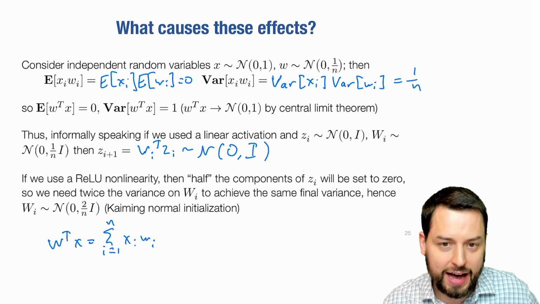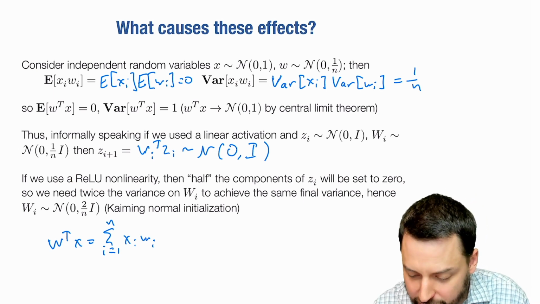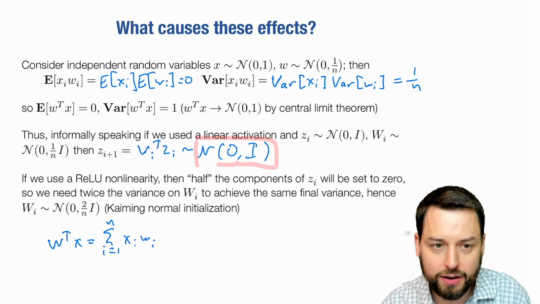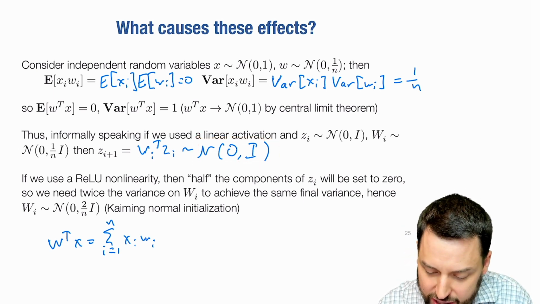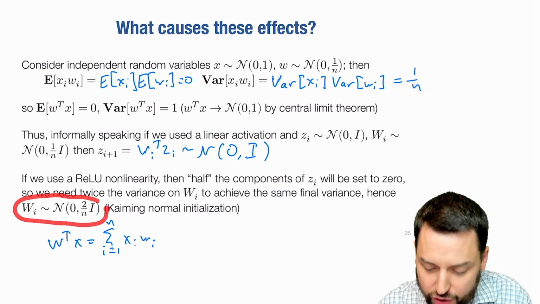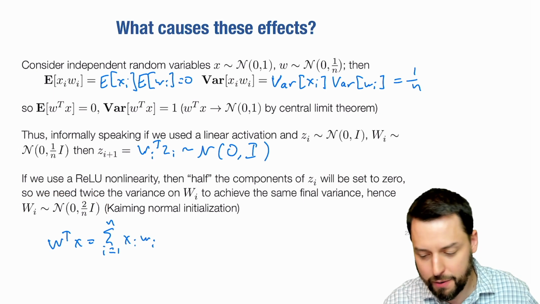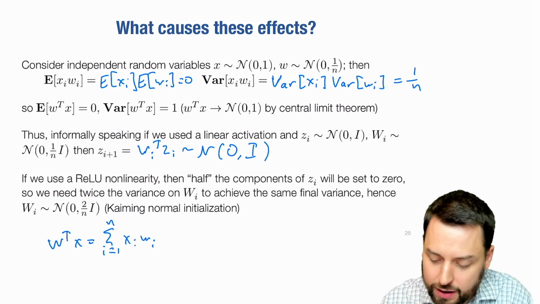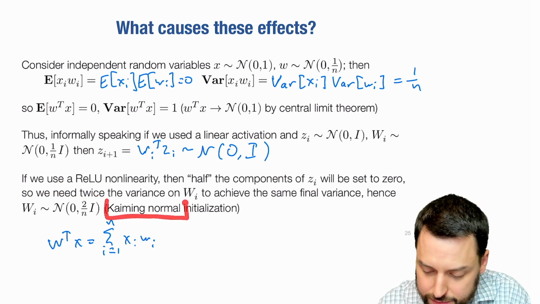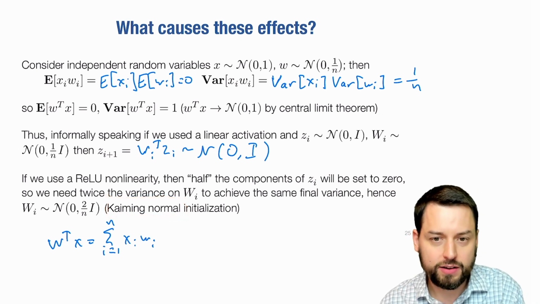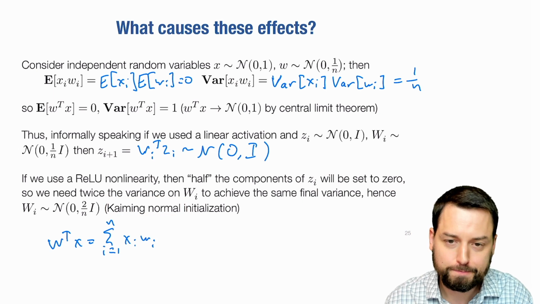To account for that, and to maintain variance from layer to layer, we actually need to initialize our weights not with 1 over n variance, but with 2 over n variance. That accounts for the fact that we're setting half of them to 0. This is sometimes called the Kaiming normal initialization, and it is one of the standard ways of initializing weights in a network.